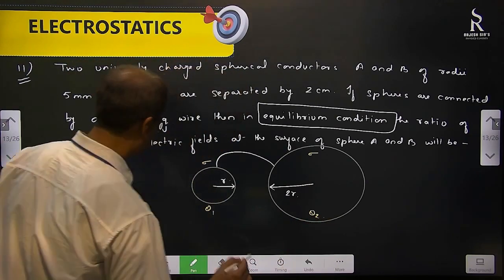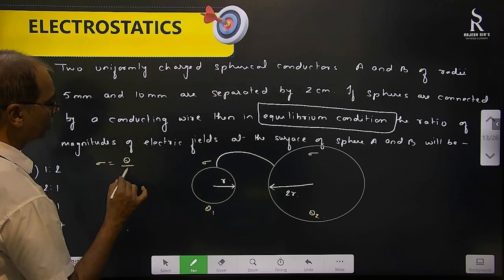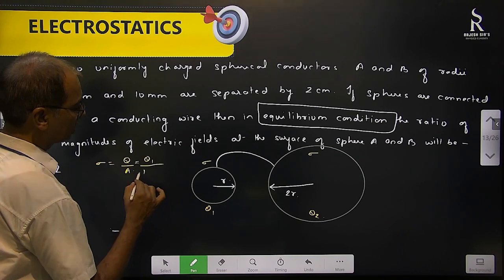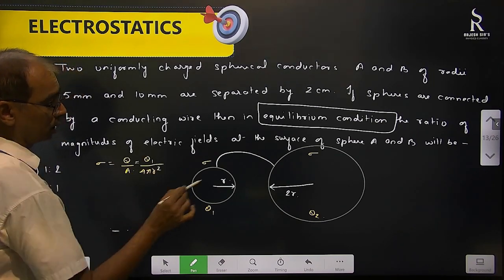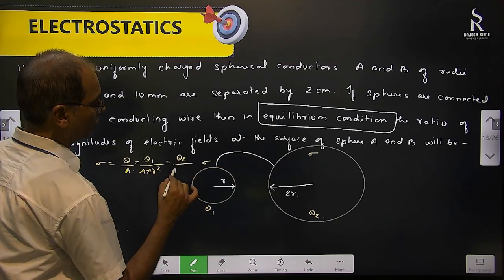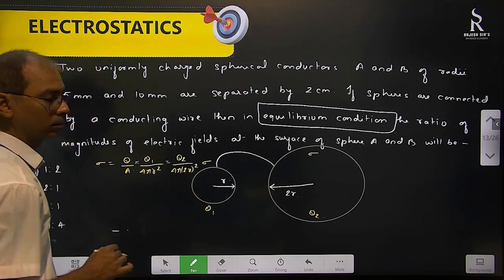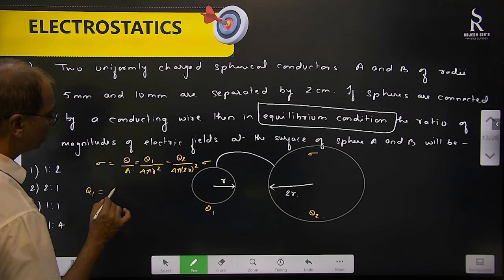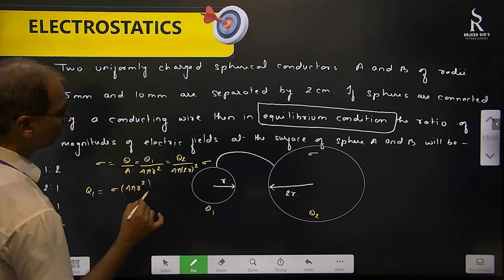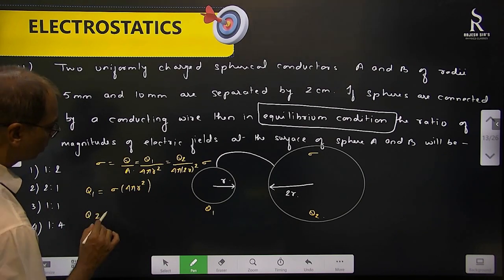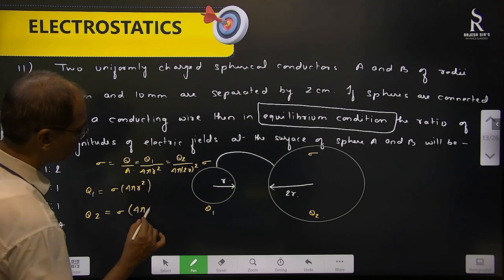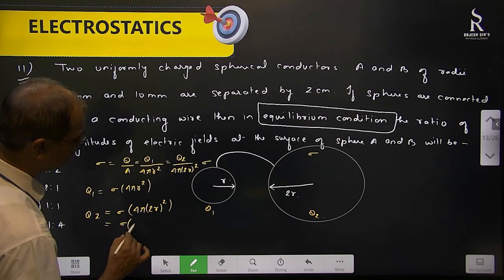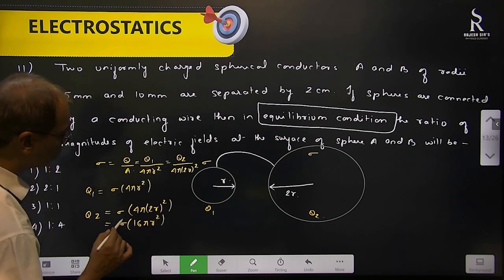Sigma is Q by A, so sigma is Q1 by 4 pi r squared, and same way Q2 by 4 pi (2r) squared. So Q1 is sigma into 4 pi r squared, and Q2 is sigma into 4 pi (2r) squared, which is sigma into 16 pi r squared. That means Q2 is 4 times Q1.